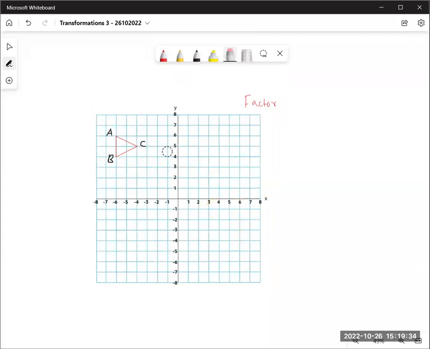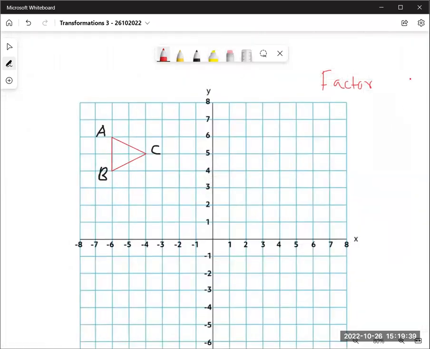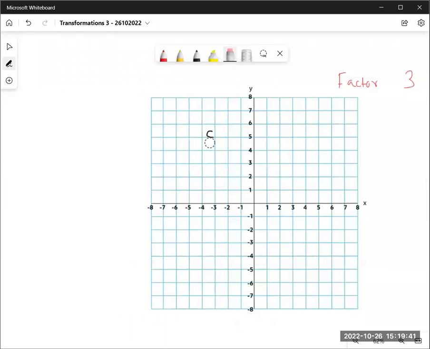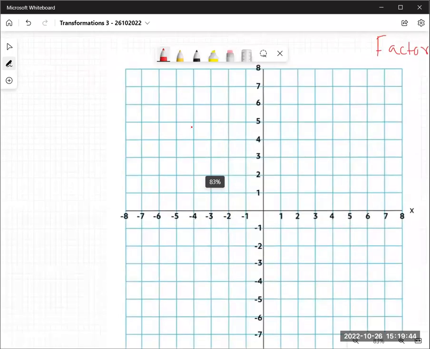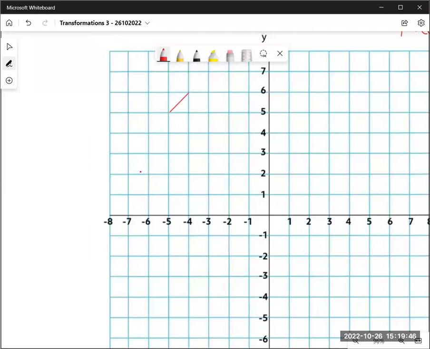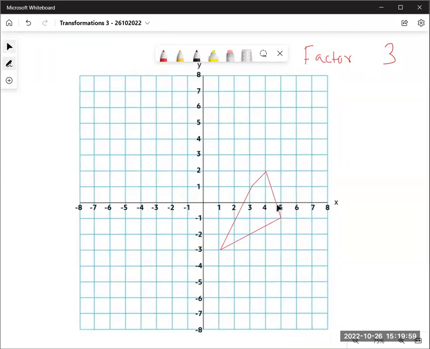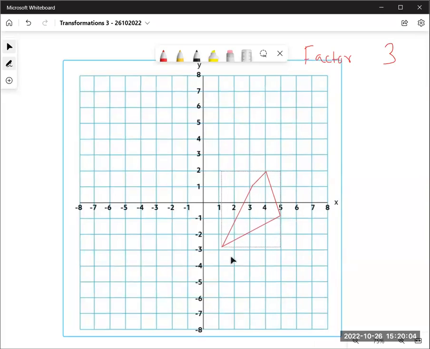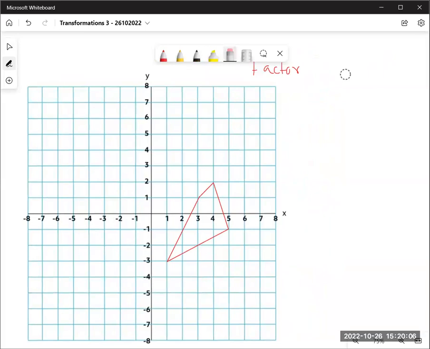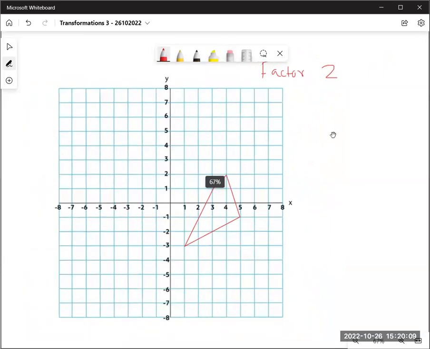Should I take a different shape or same shape? Choose quick. A different shape? Different shape. Let's take a shape with more sides, perhaps. So we'll take a shape like this. Let's keep all of them, none of them straight, all of them slanted. Now we have this shape. My job is to draw an enlargement of scale factor 2.